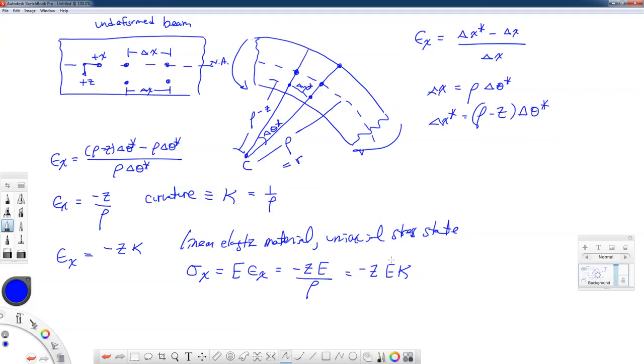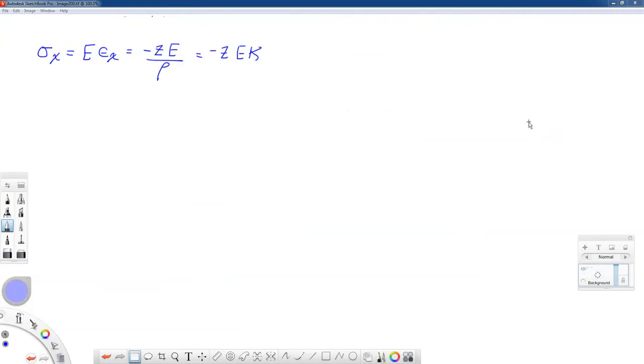Let's dig into the stresses just a little bit. We can look at the side view of our beam. Here's our neutral axis. What this equation describes is a linear distribution of stress from the neutral axis.